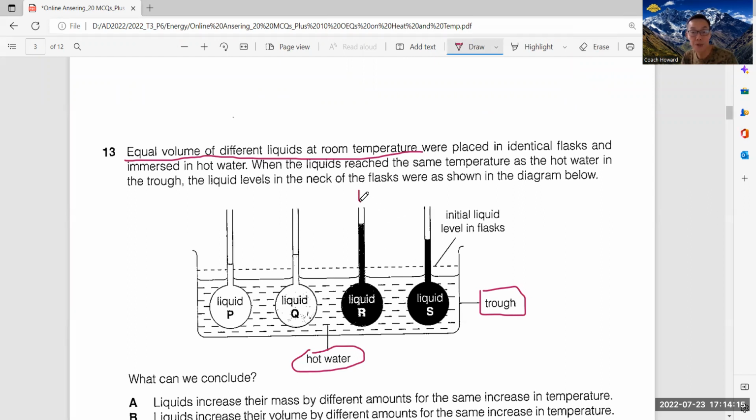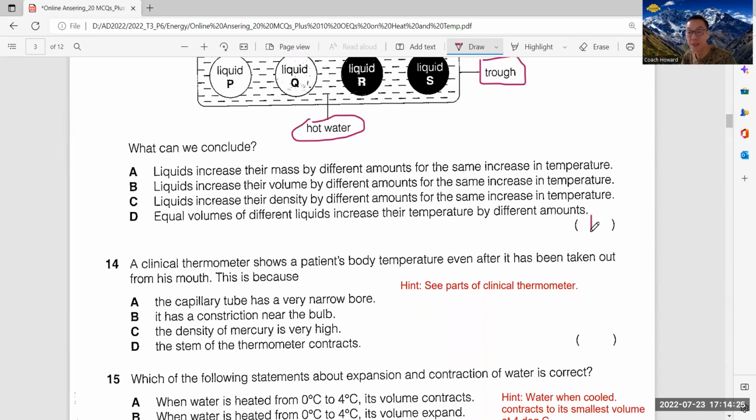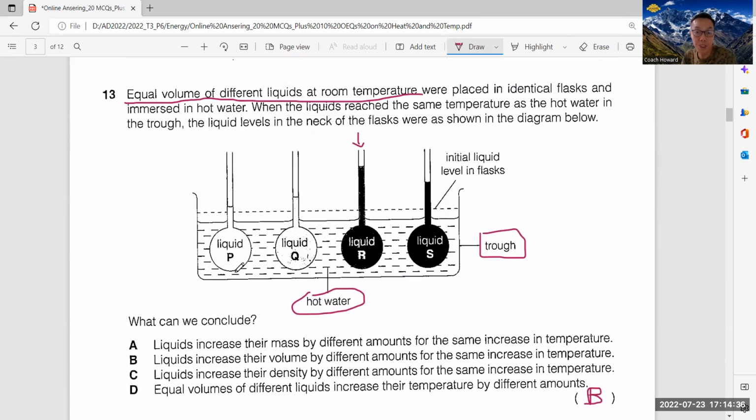So you notice this, right? Liquid R expands the most because it has the highest water level. Okay, so for this answer is B. Okay, the liquids increase their volume by different amounts for the same increase in temperature. Why same increase? Because it's heated in the same trough with the hot water.